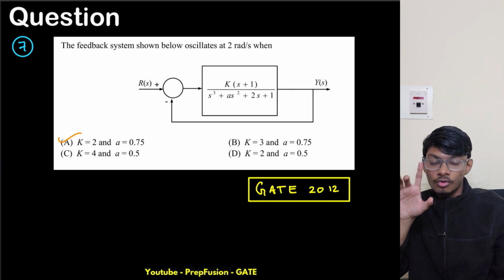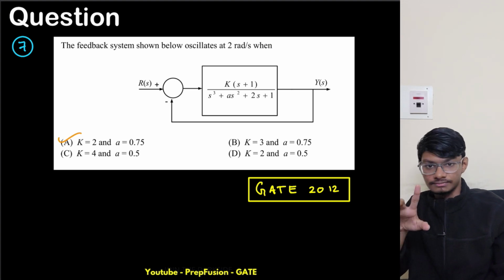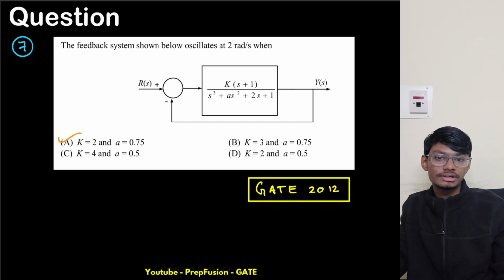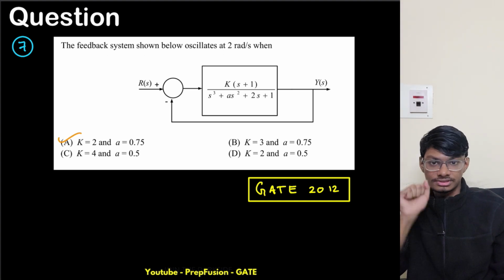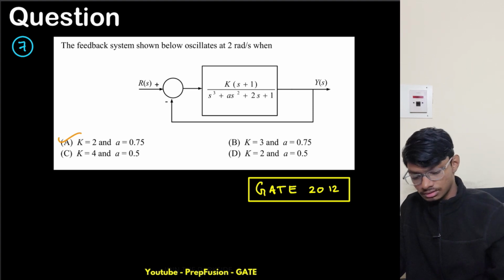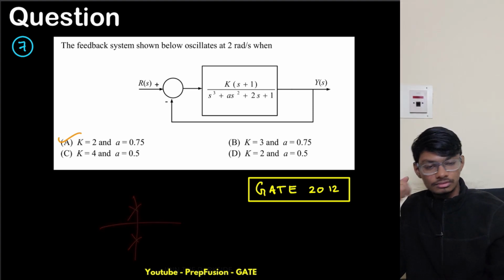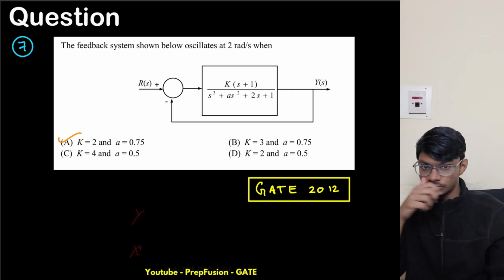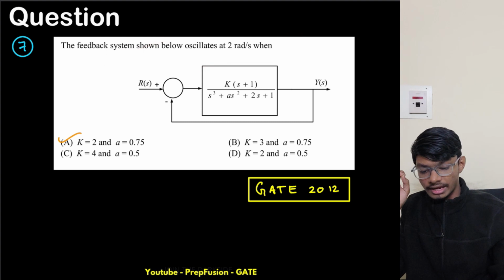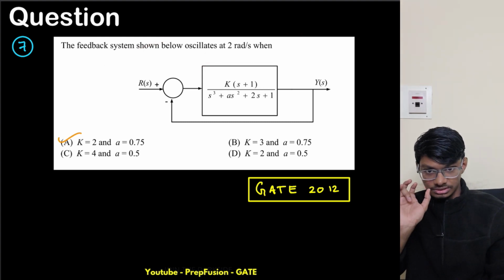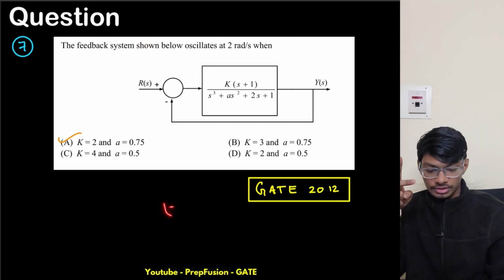If my system oscillates at 2 radians per second, what does that mean? When you used to say my natural frequency is this, my system is marginally stable and undamped, and the roots were on the imaginary axis itself, conjugate imaginary. That's when my system oscillates. So here also I have 2 radians per second, and the roots will be conjugate imaginary.